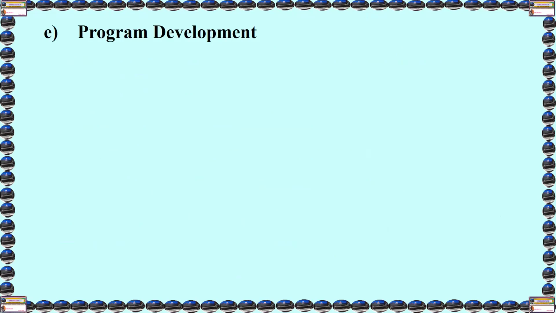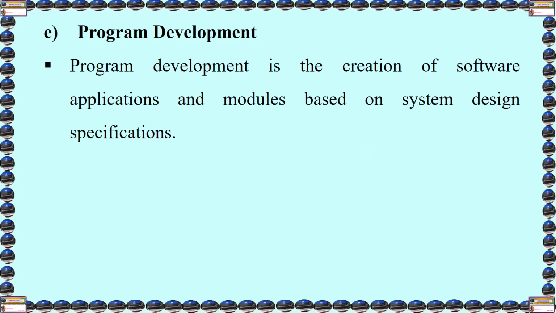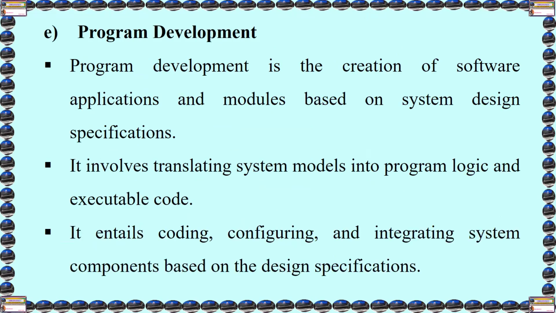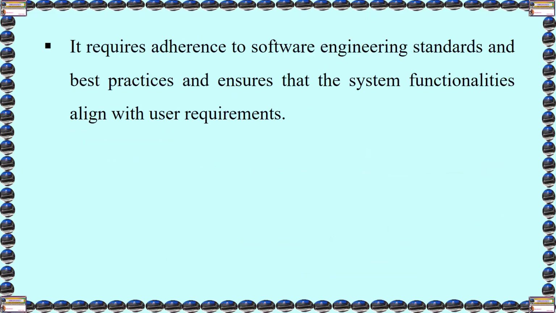The next activity is program development. Program development is the creation of software applications and modules based on system design specifications. It involves translating system modules into program logic and executable code. It entails coding, configuring, and integrating system components based on the design specifications.